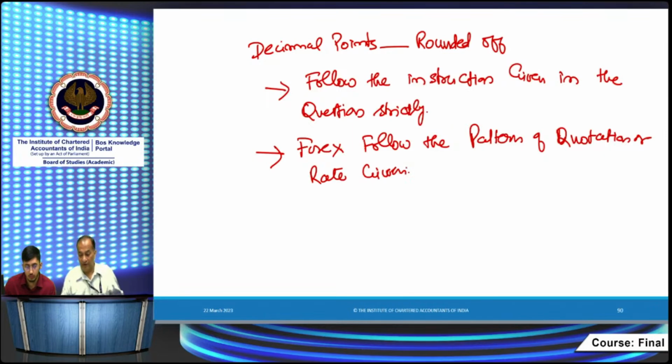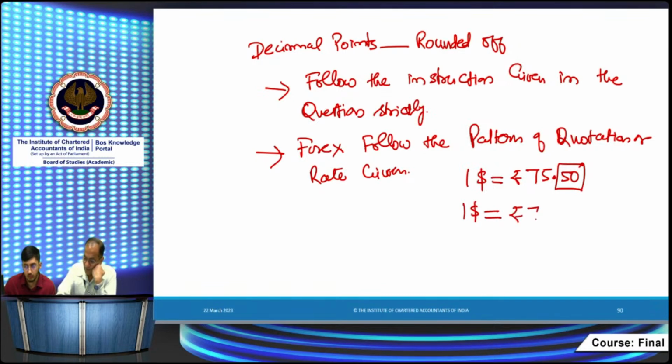Okay, now suppose in a question on forex, the rupee rate has been given like that. So this is a clear-cut indicator that you have to round off your rates to 2 decimal points only. Now suppose the same rate has been quoted like this. So this is a clear-cut indicator that you have to follow this rate.